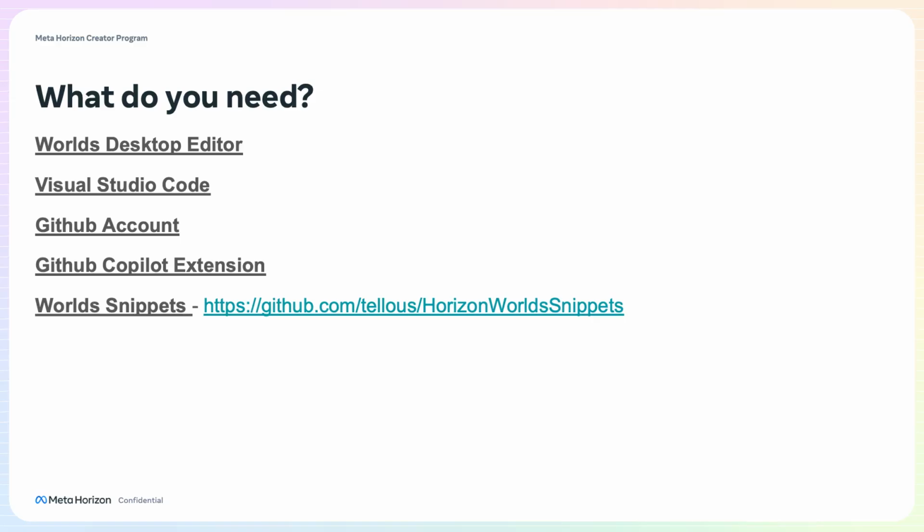Disclaimer here, I have the paid version of GitHub Copilot, which is $20 a month. And that just gives me access to some other models as well as removing the limits of how many times I can prompt it or use OpenAI's GPT 4.1 model.